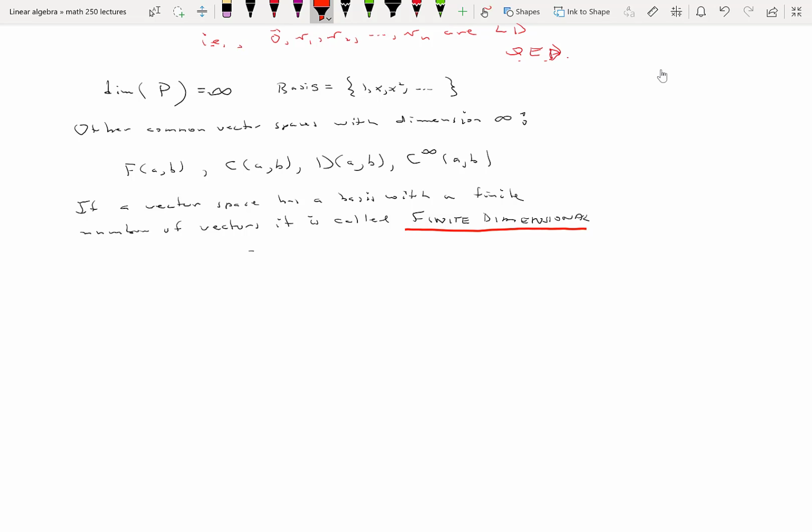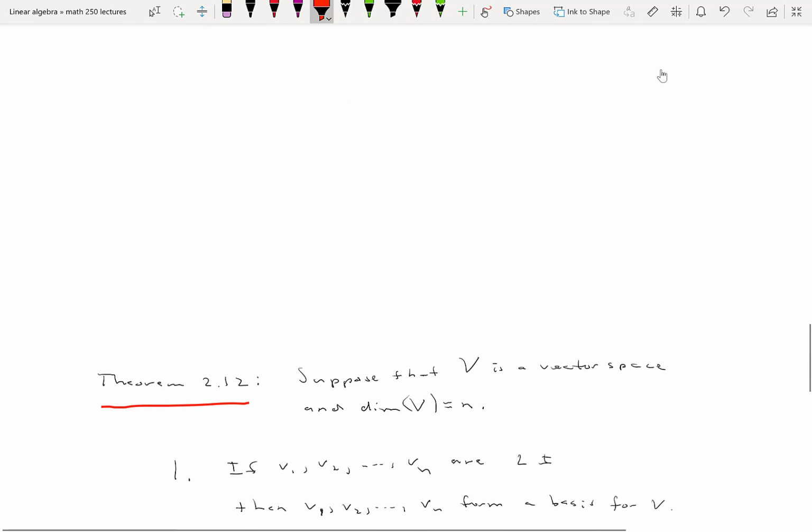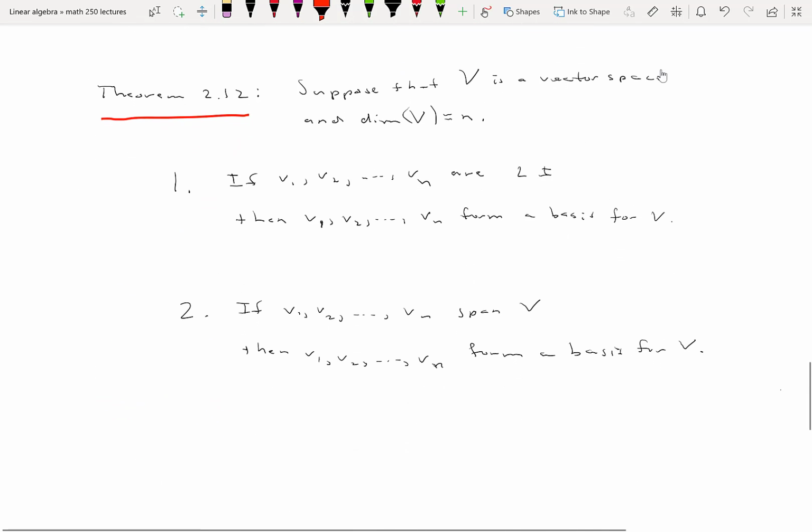In any case, it seems like if we have linear independence, then spanning should follow automatically, and vice versa. Well, that's actually true. That's our next major theorem here, Theorem 2.12. Theorem 2.12 from our text says that suppose V is a vector space with dimension n.